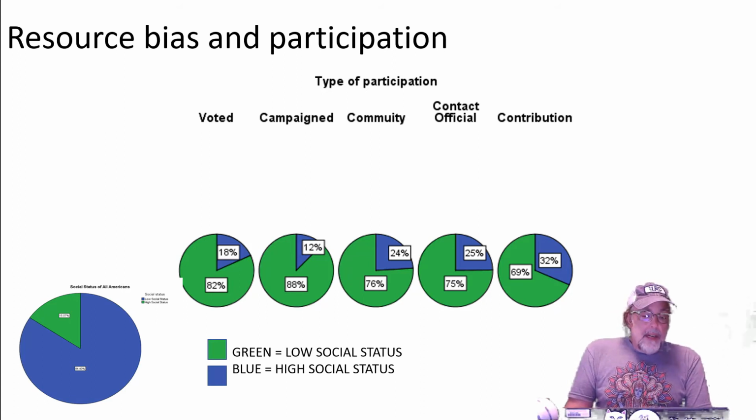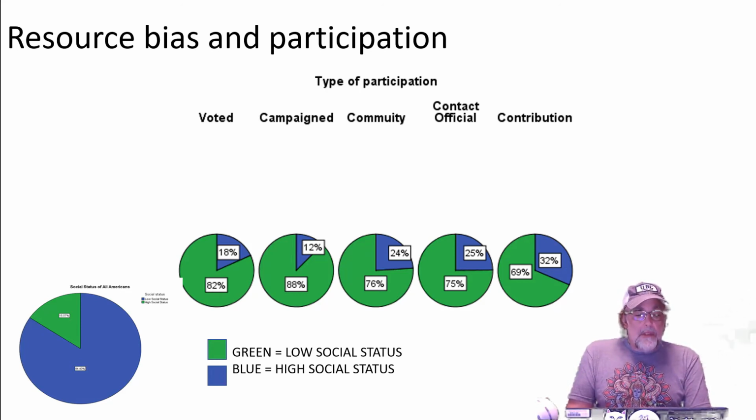Now, down here in the lower left, that's the breakdown of the entire country. About 85% low social status, about 15% high social status. Now over here, the green represents low social status individuals, the blue high social status individuals.